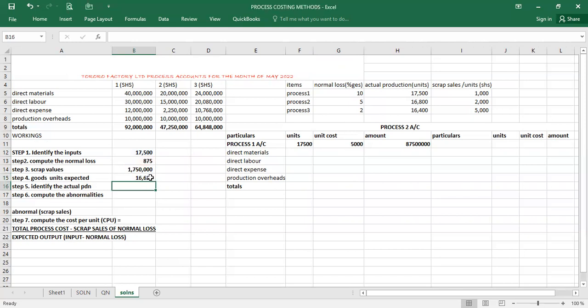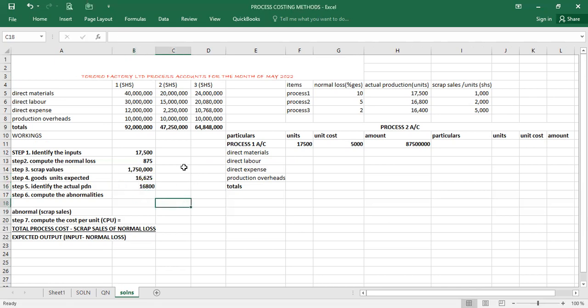It will be giving us that. And when you check here, we have the actual production. And the actual production you are seeing from here was 16,800.